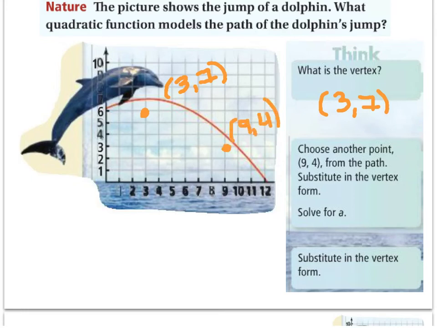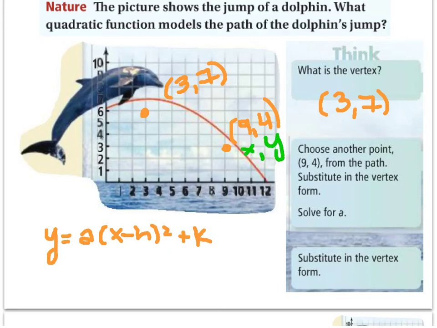And we're going to be using the vertex form to help us solve this. So if you take a look at the vertex form, I have a y value that exists on my parabola, right? This y value, this x and this y, exist on my parabola. So that means I can substitute in this x and this y, because they live on this parabola.